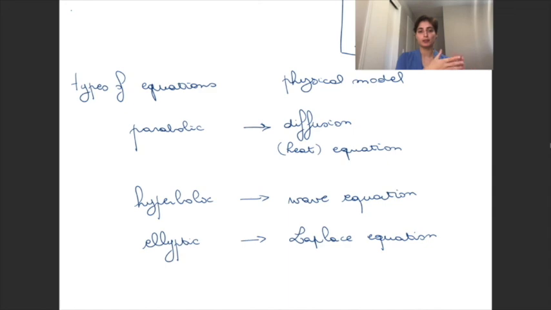A hyperbolic is a wave equation, and the most obvious representation is that if there is a wave at some point in time, it just keeps moving over your space. Elliptic has a much more complicated behavior, and we're going to be seeing it later. To me, it's less obvious what it represents, but in the physical model it is represented by the Laplace equation.